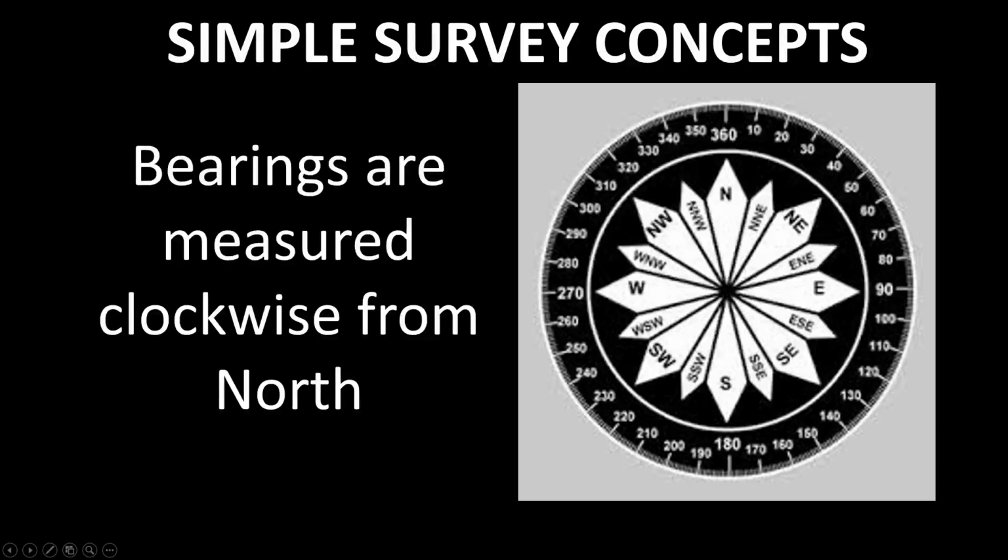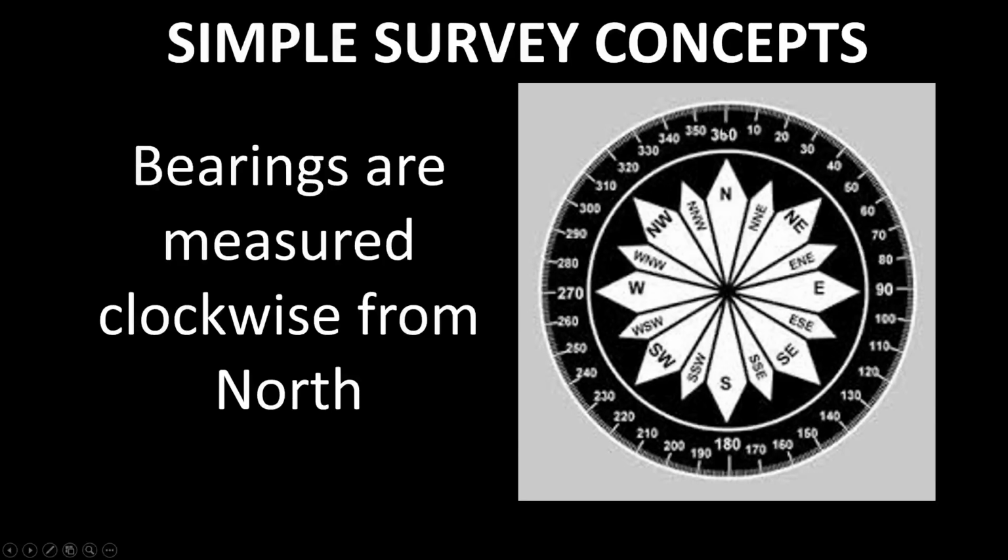Okay, so moving right along, this week's simple survey concept. I have actually done this as a separate video, but I will do it again, incorporated inside this introduction, because it is an important aspect of what we do, and something that we need to know very well. Bearings are measured clockwise from north.